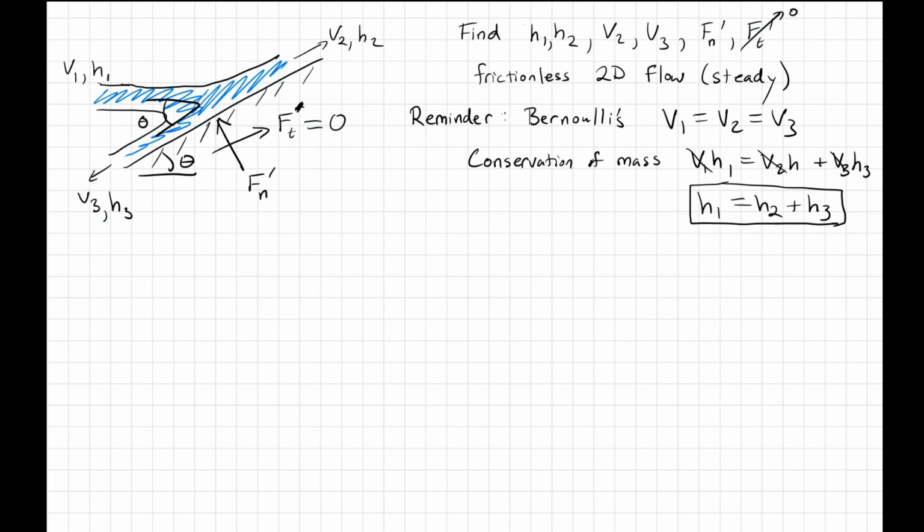Just as a physical principle, because there's no way for shear stress to impart a transverse force onto the plate, we know that the transverse force must be 0. And what we can do then is apply conservation of linear momentum.